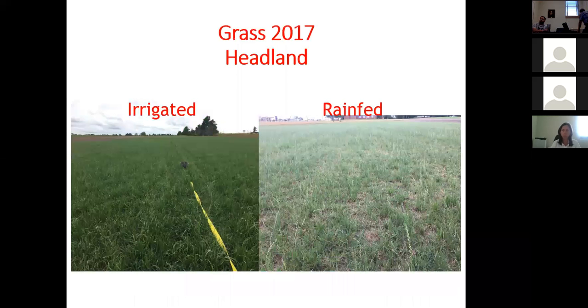This year we had some dry periods, and you can see here the grass in Headland at our experimentation station, and you can see the difference between the irrigated and the dry land for the grass.